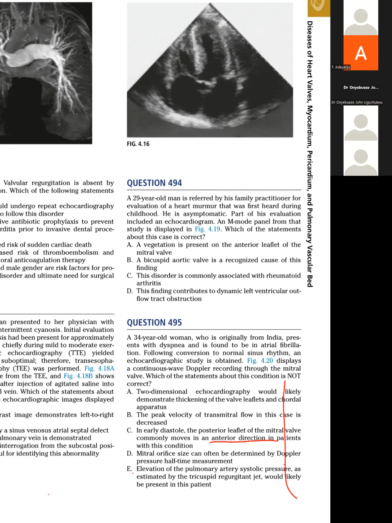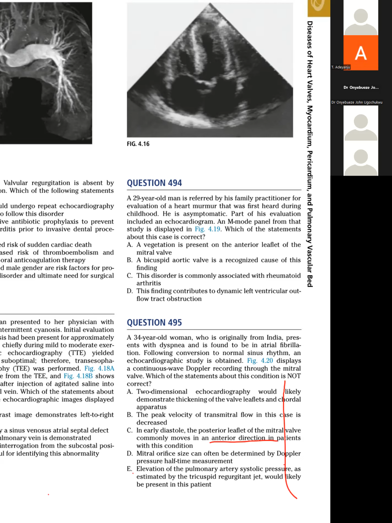C: in early diastole, the posterior leaflet of the mitral valve commonly moves in an anterior direction in patients with this condition. This has been observed on echocardiography in people with severe stenosis. In rheumatic valve disease, the disease starts from the tips, with commissural fusion, and then thickening progresses to involve the rest of the valvular apparatus.